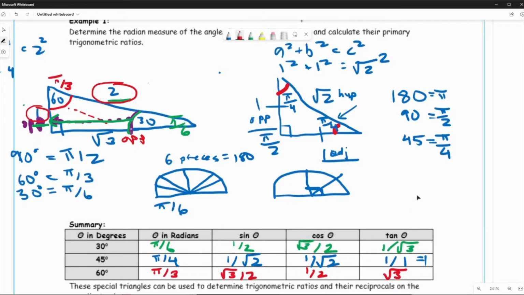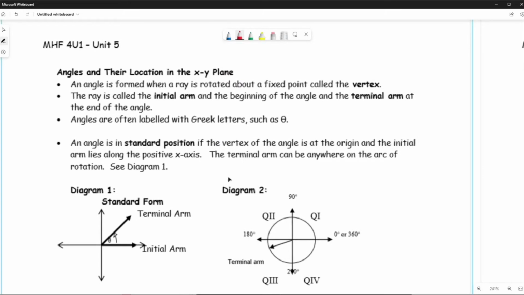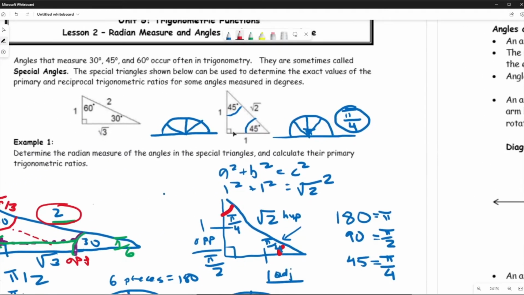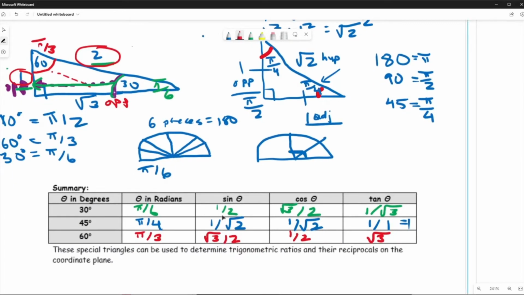Now, this brings us to one of the primary ideas of this unit, which is how do we deal with angles as they get outside of a triangle. Within a triangle, of course, the sine, the cos, and the tan are all values that we understand. It's a right triangle, the hypotenuse is one side, the adjacent's one side, the opposite's one side, and we know that trig is essentially a study of those ratios.